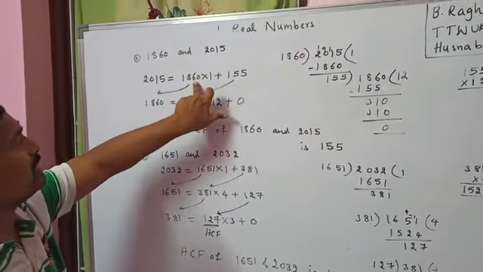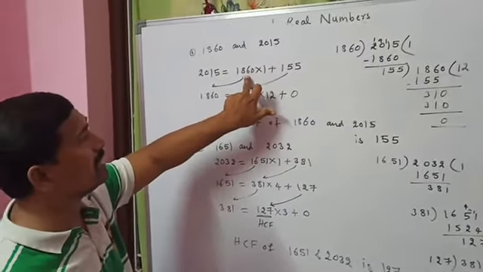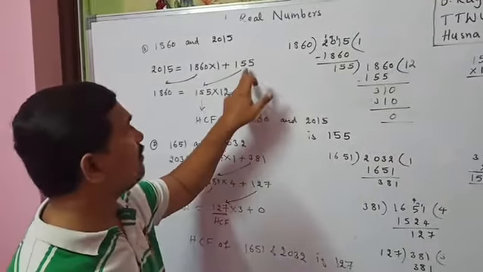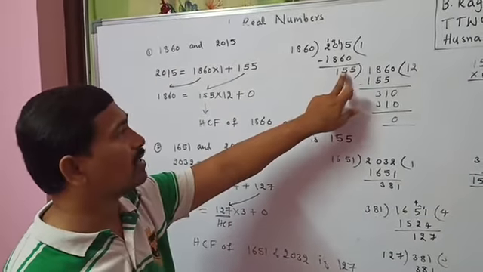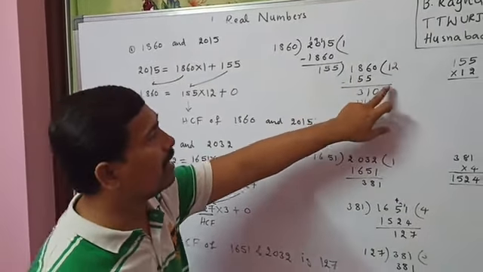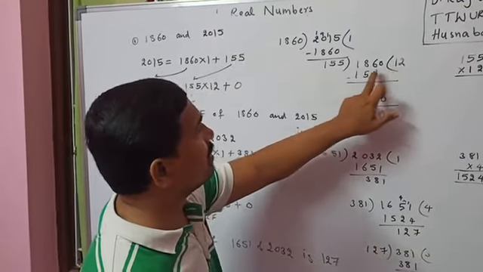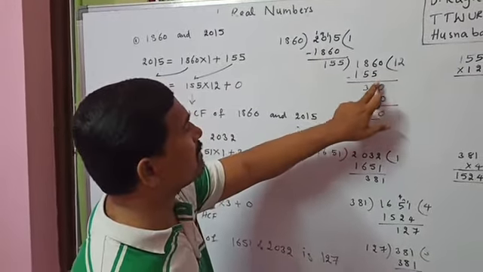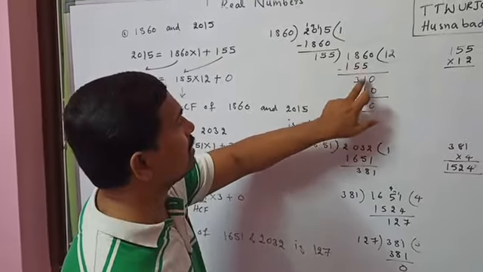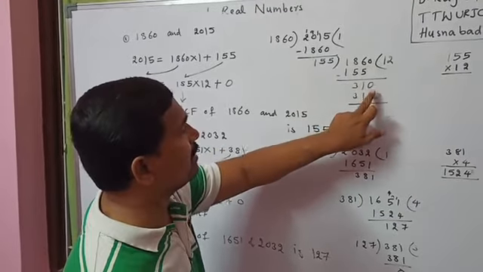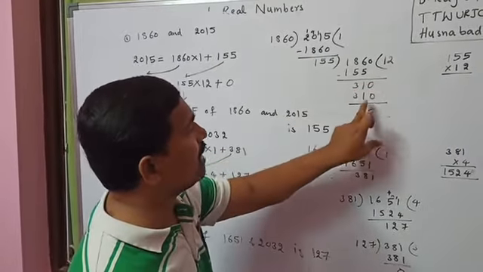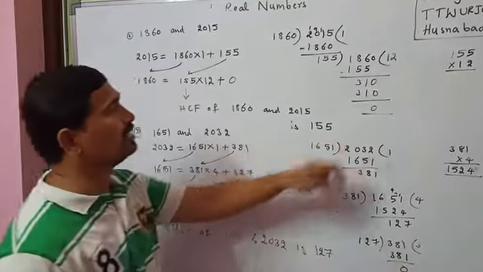Here 1860 is the greater number, so divide 1860 with the remainder 155. 155 ones are 155. Subtract: 6 minus 5 is 1, 8 minus 5 is 3. Carry forward 0, 310. So 155 twos are 310. Here we got 0.